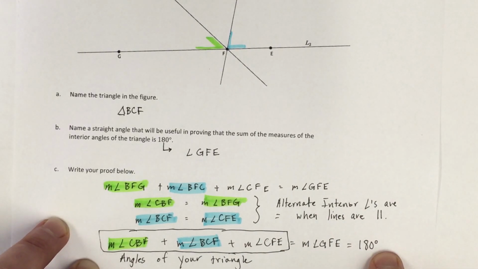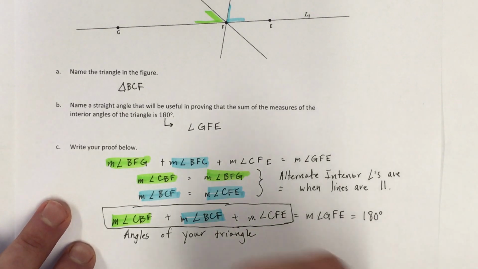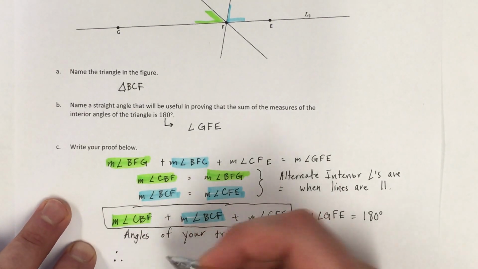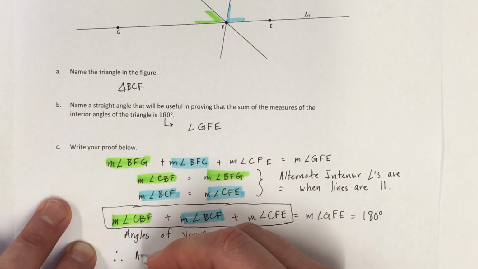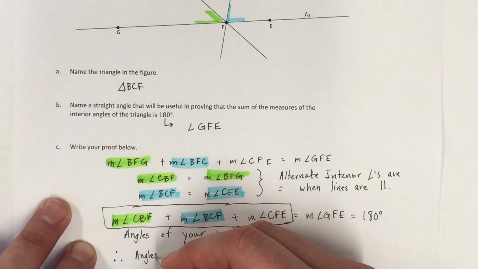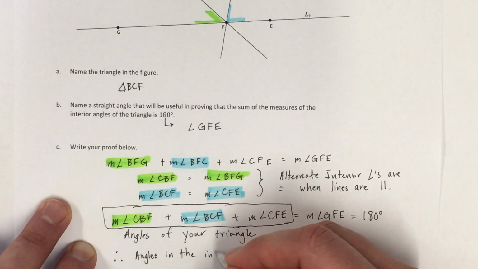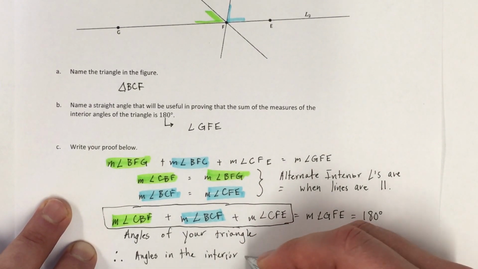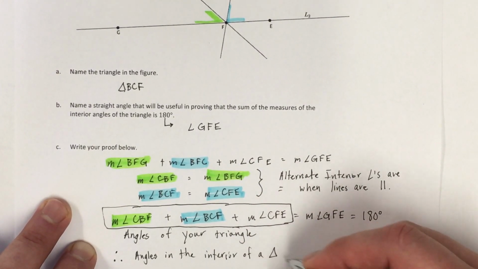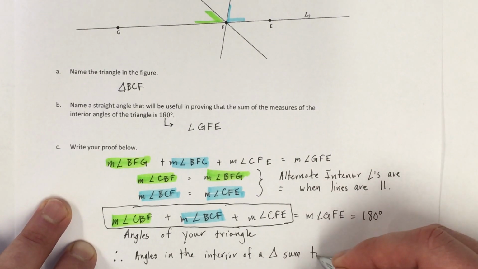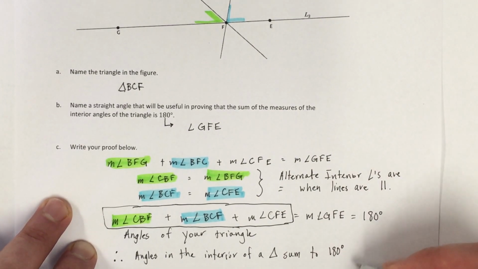The sum of the interior angles of a triangle must be 180 degrees. So our therefore: angles in the interior of a triangle sum to 180 degrees.